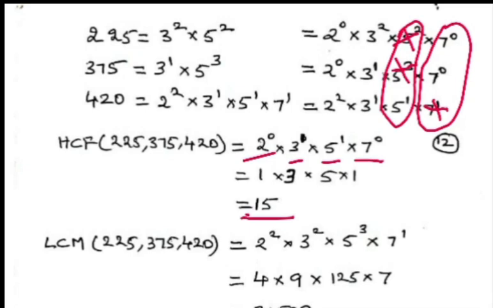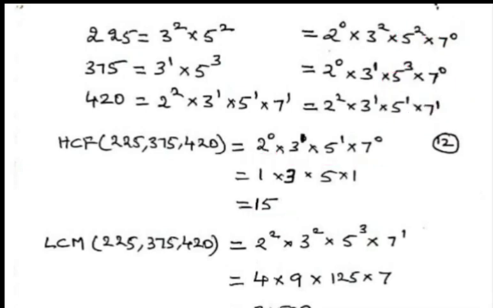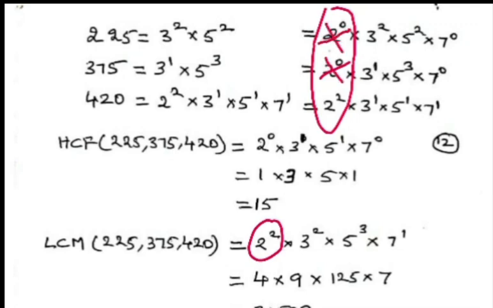Now we try to find the LCM. To find the LCM, we have to take the prime numbers with the highest power, 2 square. So these are not considered. Next, for the prime number 3, the lower power is not taken, only 3 square is taken.